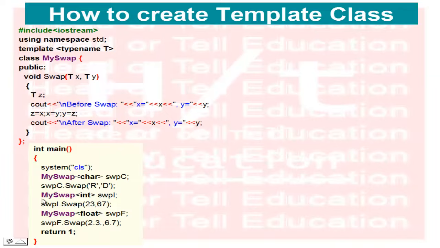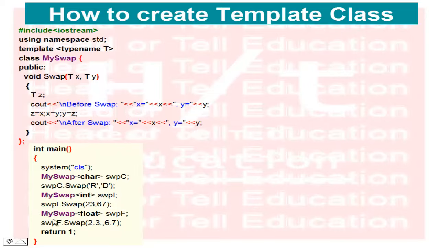Next, again I have created myswap, but this time the type is integer, so swapI. So swapI.swap 23, 67. So these are integer values.